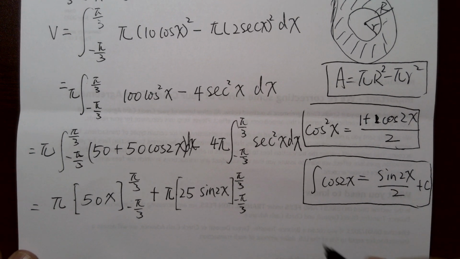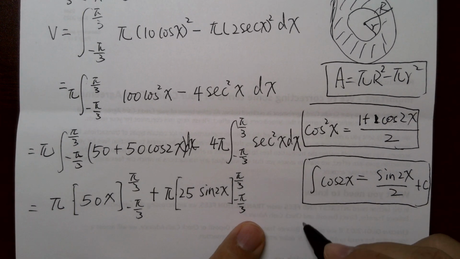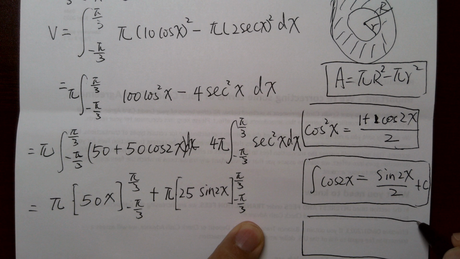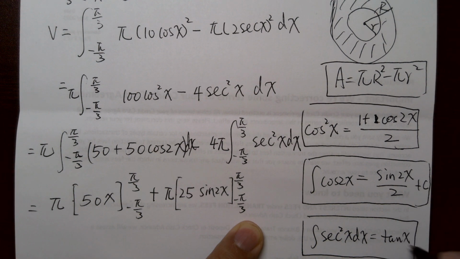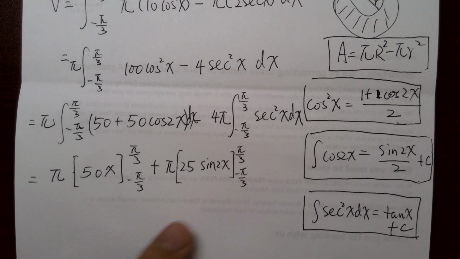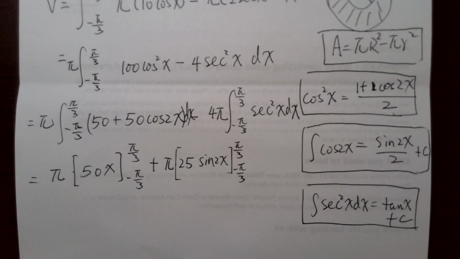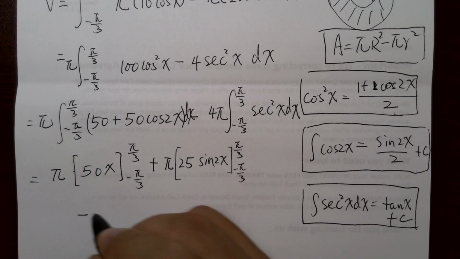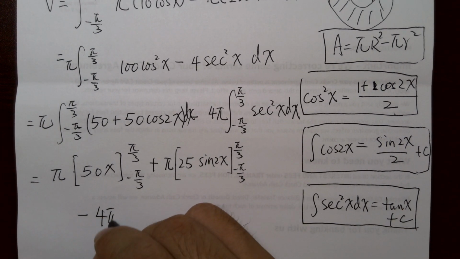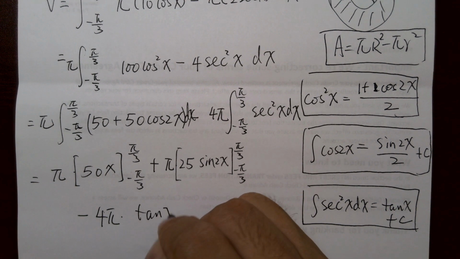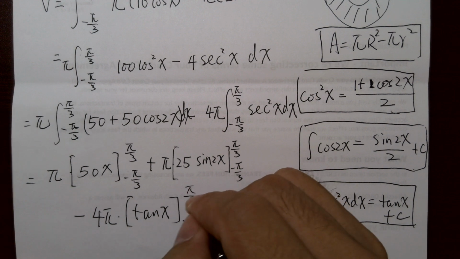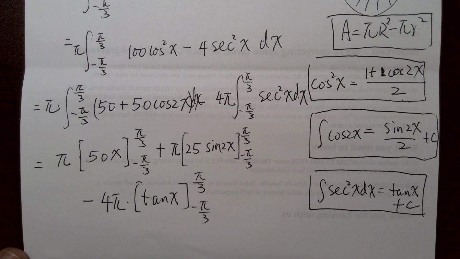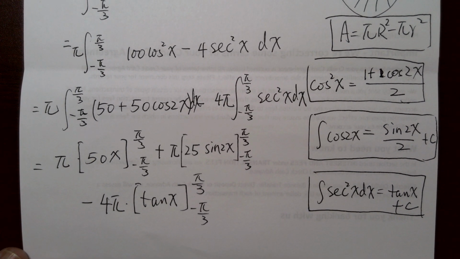And then lastly, the integral of secant squared x dx equals tan x plus a constant c. So this becomes minus 4 pi times tan x evaluated from negative pi over 3 to pi over 3.